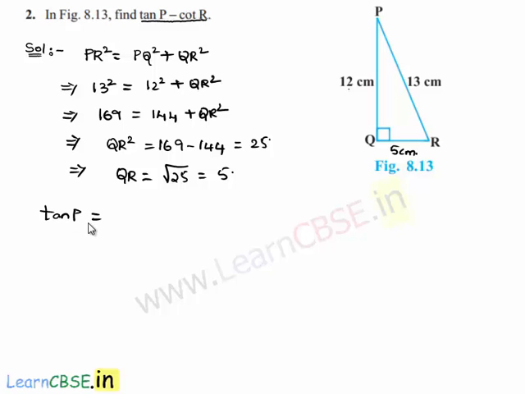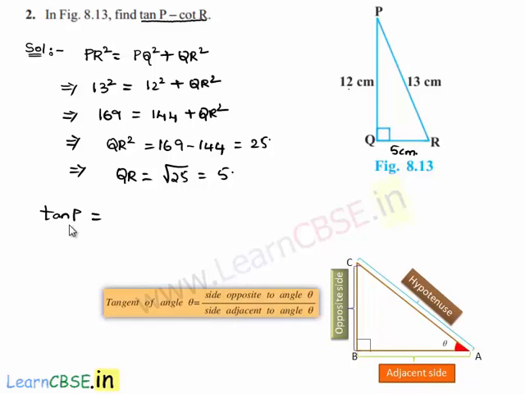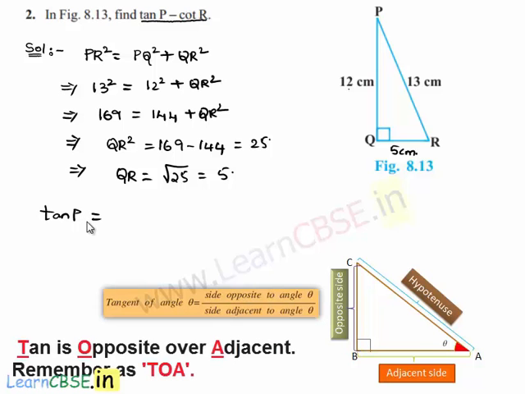Let us find the tan P value. We know that tan of an angle is equal to opposite side by adjacent side.